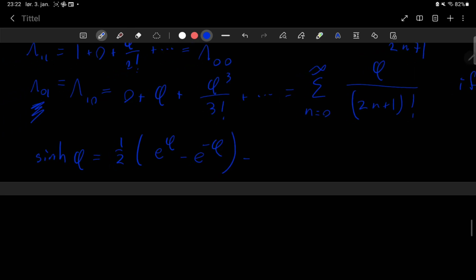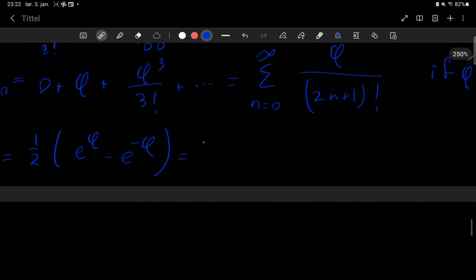Okay, now let's find that Taylor series. It's going to be 1/2. The constant terms cancel. You end up with 2 phi plus, and all the even powered terms cancel because negative phi squared will cancel the negative and they'll drop.